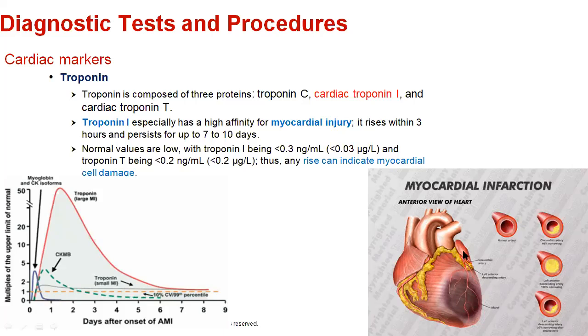So when tissue is damaged like in ischemia, the cardiac tissue releases some enzyme in the bloodstream in response to ischemic change.